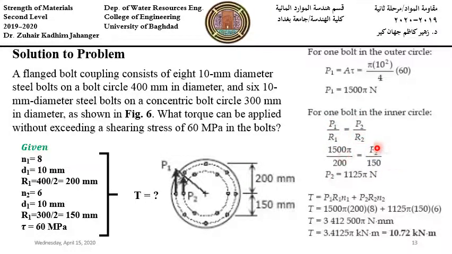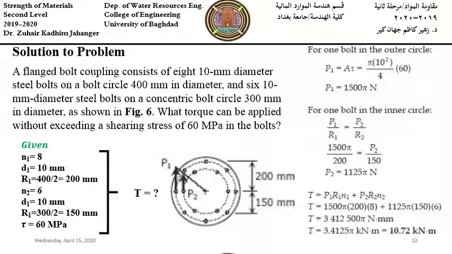From this we calculate P2 equals 1125 pi newton. Then we do the summation, torque equals P1 R1 N1 plus P2 R2 N2, and we put all the variables here, and we get torque equals 10.72 kilonewton meter.